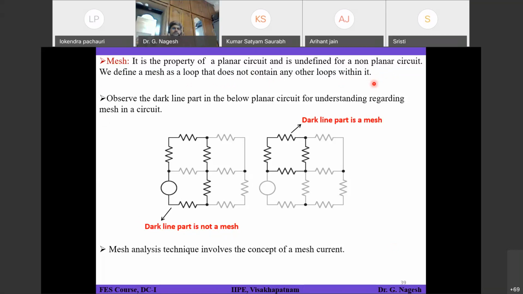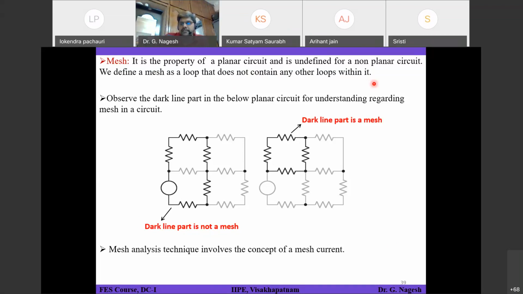Next, what you have to do is define a mesh. Okay, in KVL, how you have defined a loop, similarly here you have to define a mesh. What you used to do in KVL, the first step is to determine the current direction in different branches. Next, you have to give the polarity for different elements.